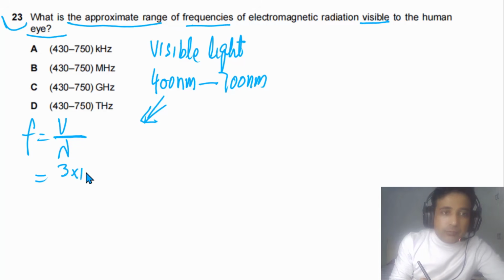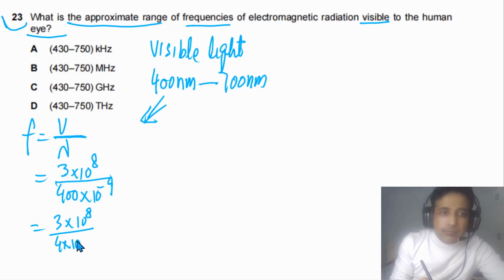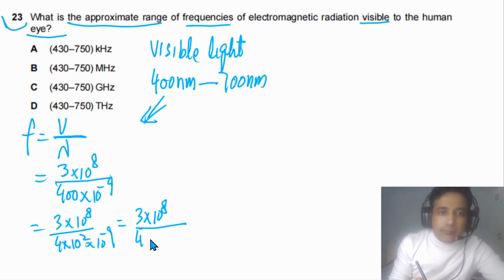So speed of light in air or vacuum is 3 times 10 to 8, and here we have 400 nanometers, 400 times 10 to negative 9. Now we can simplify this. We can say this is 3 times 10 to 8 over 400, which is 4 times 10 to 2, times 10 to negative 9. So if we further simplify, we can say this is 3 times 10 to 8 divided by 4 times 10 to negative 7.